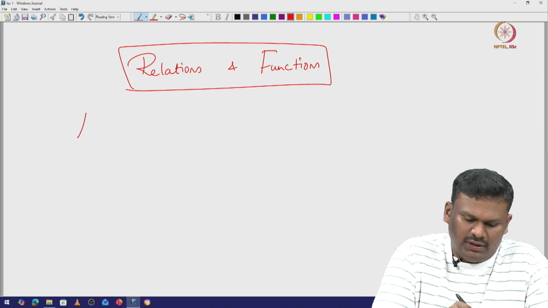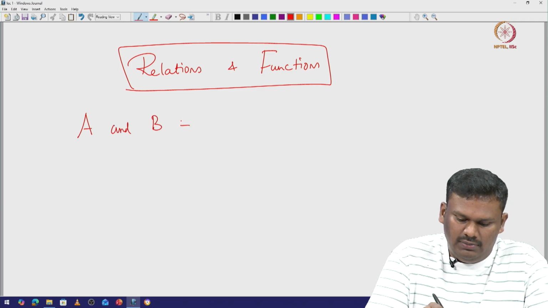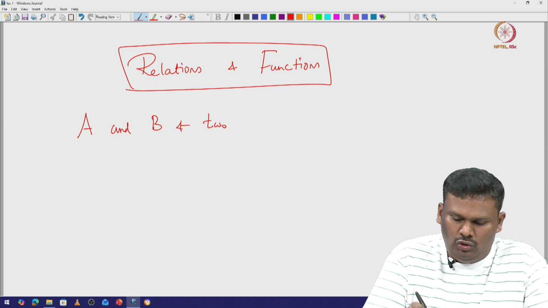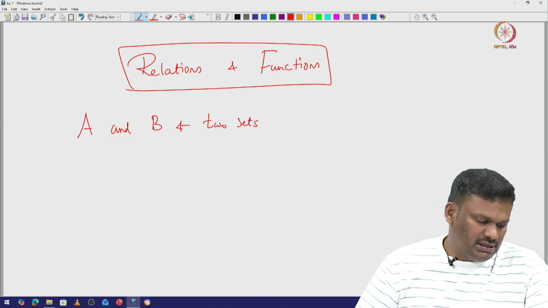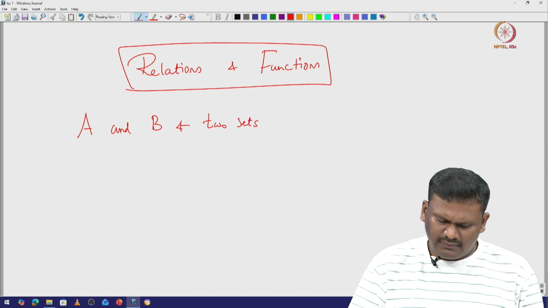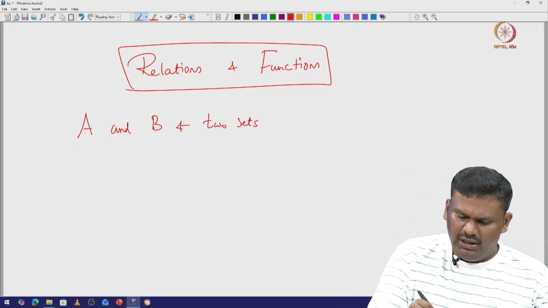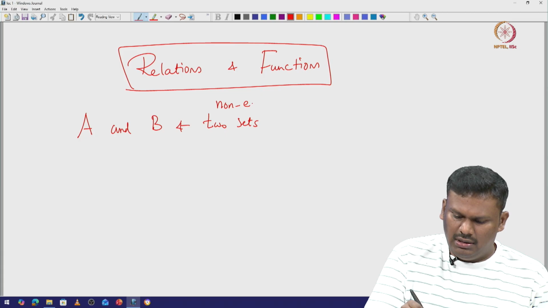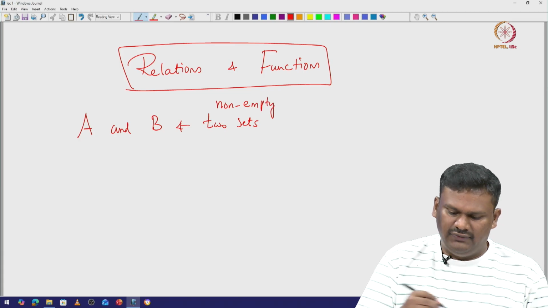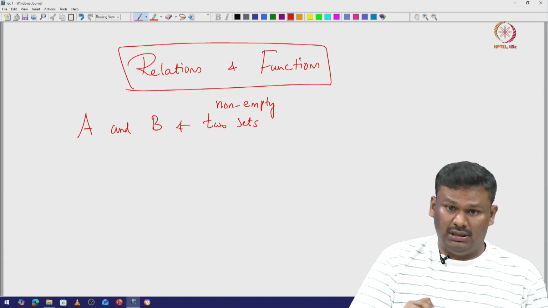Okay. Let us say capital A and capital B are given to be two sets, and since we want to talk about relations between elements of capital A and capital B, we assume that they are non-empty sets. If they are empty, then there is nothing to relate.